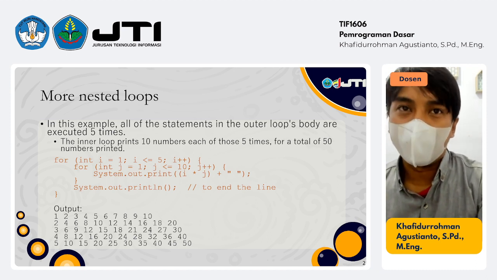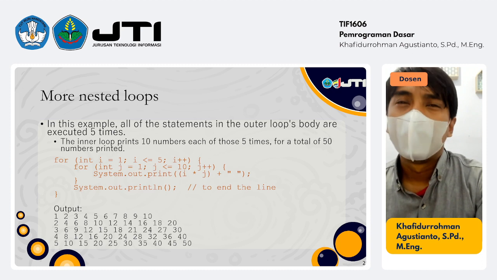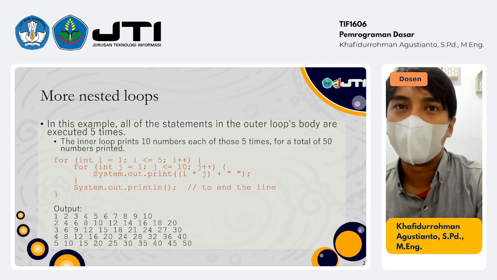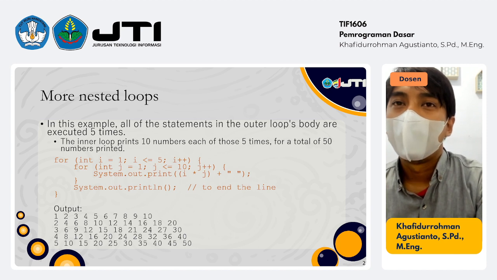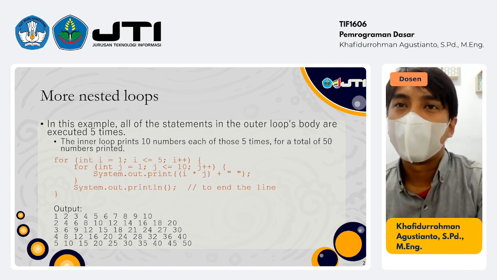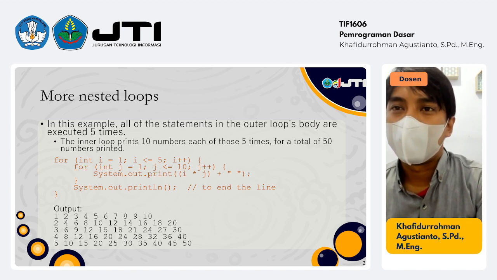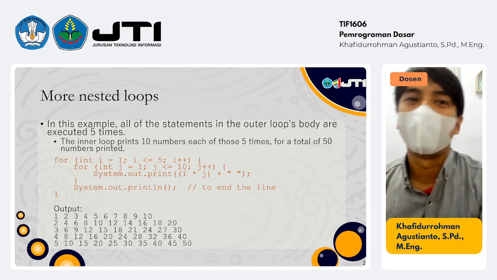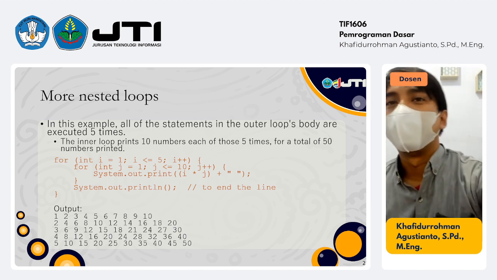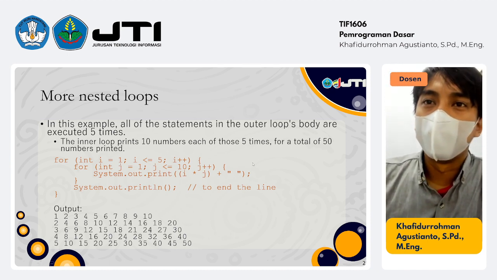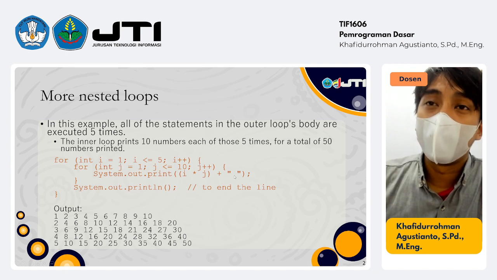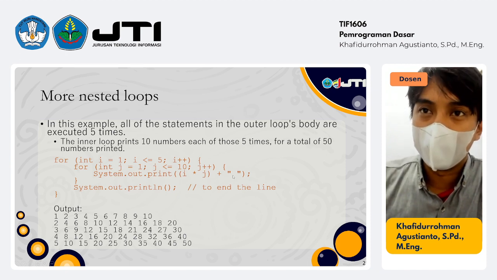For (int i = 1; i <= 5; i++) for (int j = 1; j <= 10; j++) System.out.print(i * j + " "); then System.out.println() to end the line. We use this for a space over there.